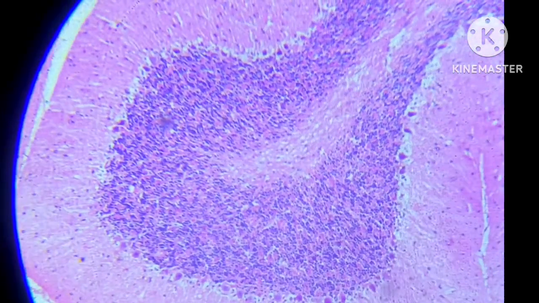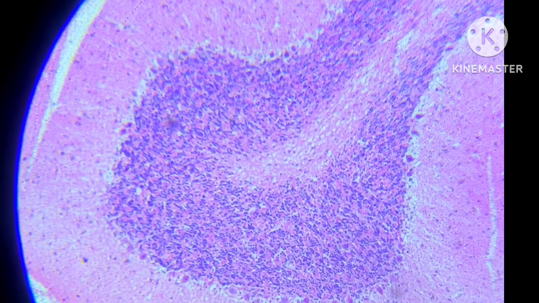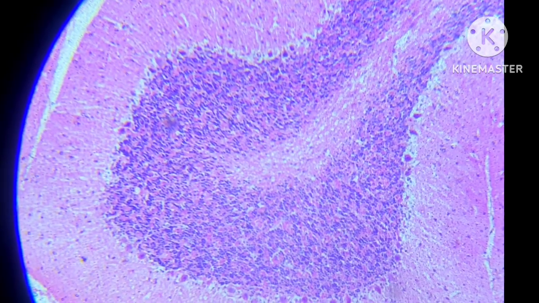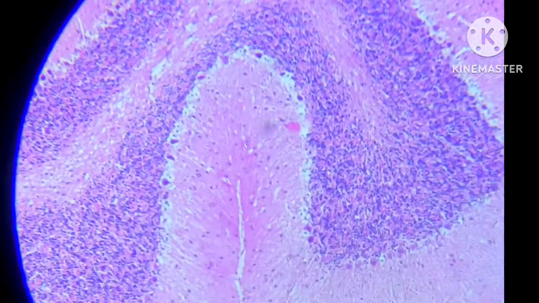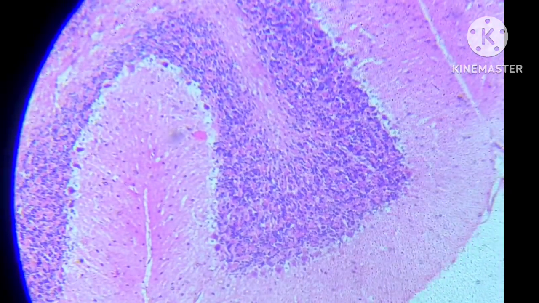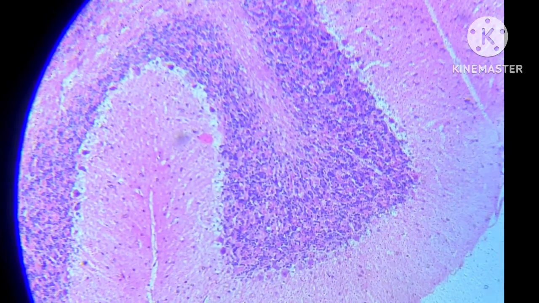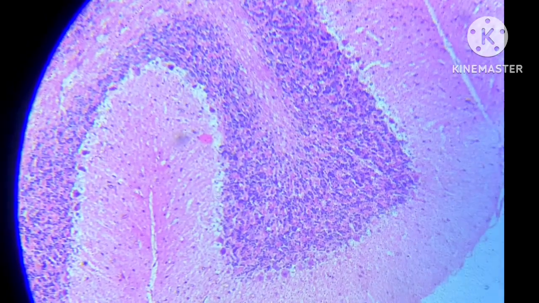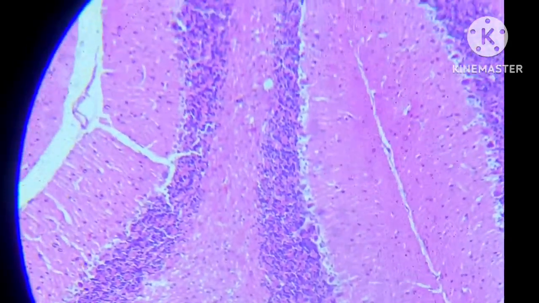In the Purkinje cell layer, it contains a single layer of Purkinje cells. In the inner granular layer, we can see the granular cells and the Golgi cells. The darkly stained area in the granular layer shows the nuclei of the granular cells and Golgi cells.